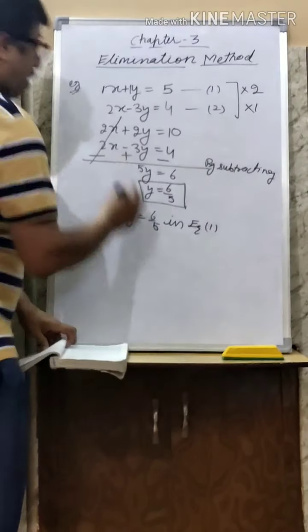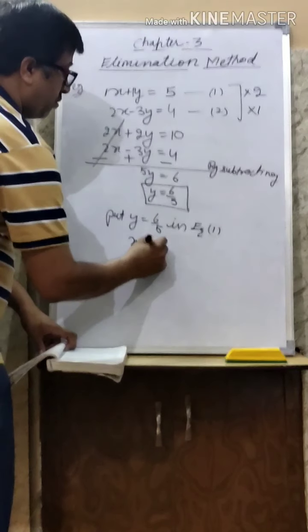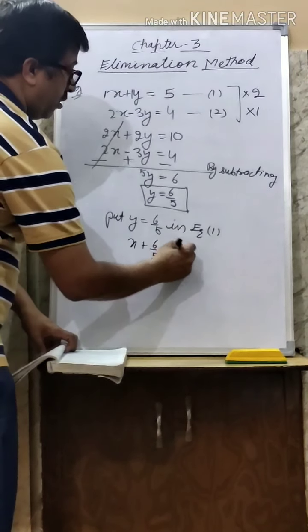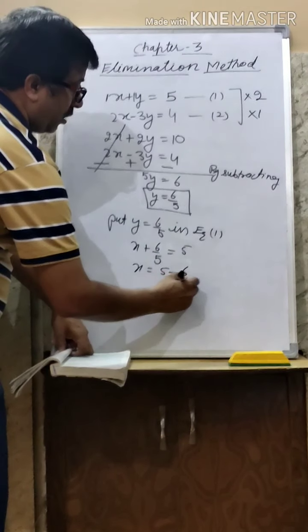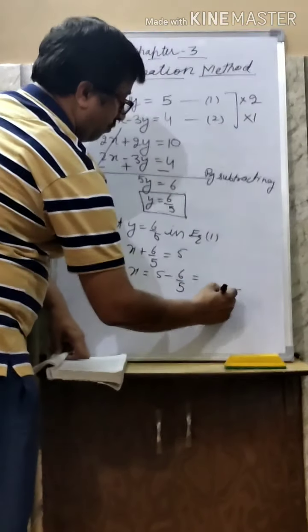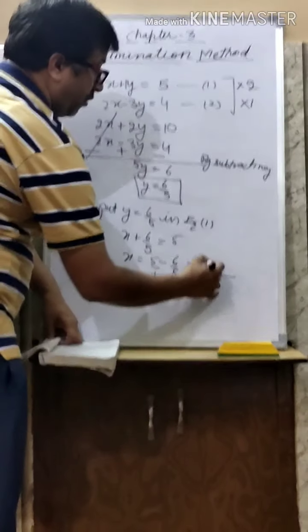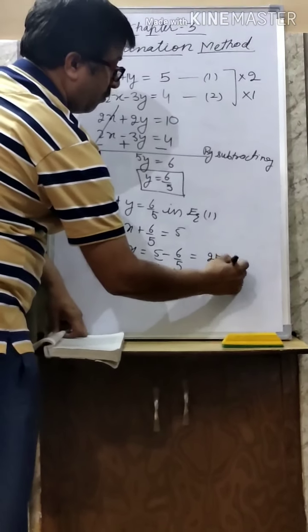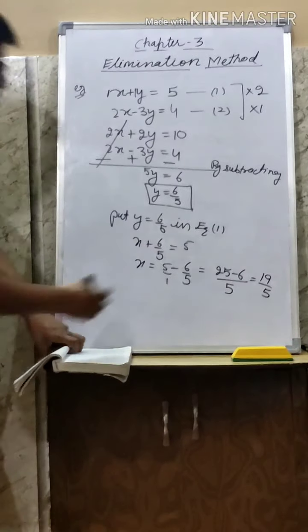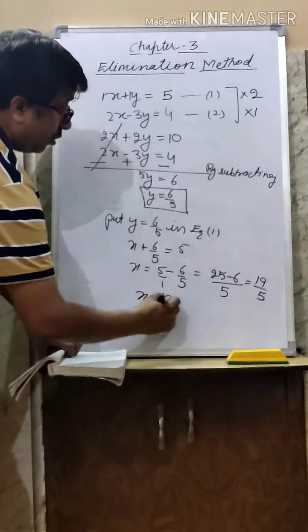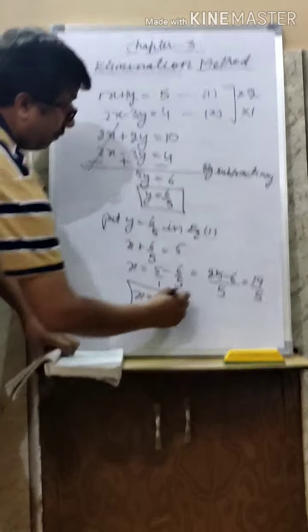You will get x plus 6 by 5 is equal to 5. So x is equal to 5 minus 6 by 5. LCM 5: 5 into 5, 25 minus 6, 19 by 5. So x is equal to 19 by 5.